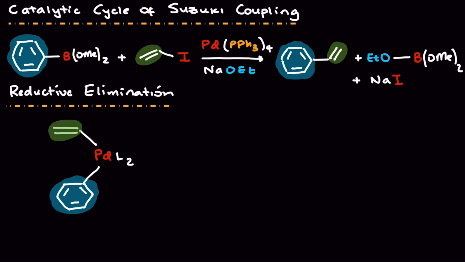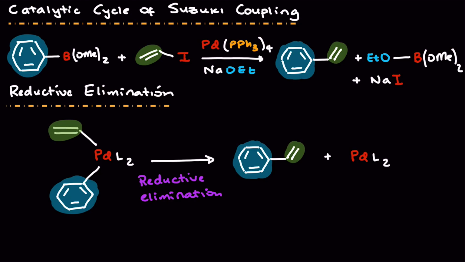That's a really strong bond. And palladium, going back to palladium 0, that's a pretty stable oxidation state of palladium. And so the reductive elimination could occur at this step. And you form, in this case, your styrene product. And then you end up with your palladium 0 catalyst that now gets regenerated and now can go through another catalytic cycle.